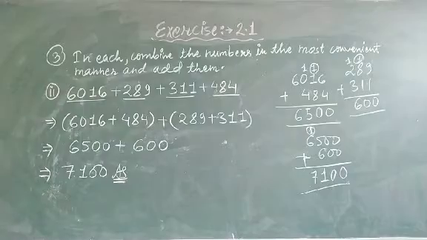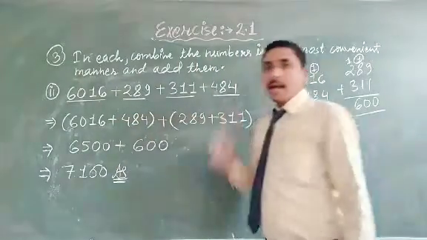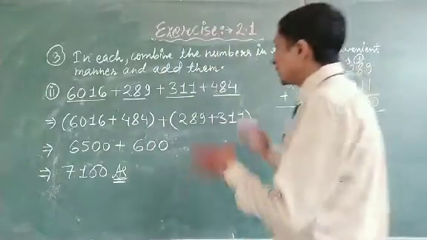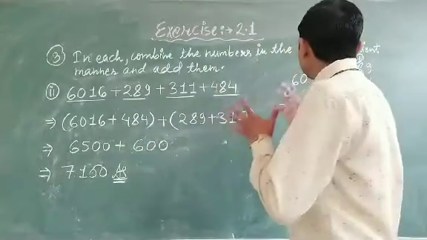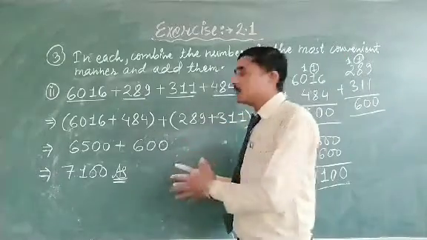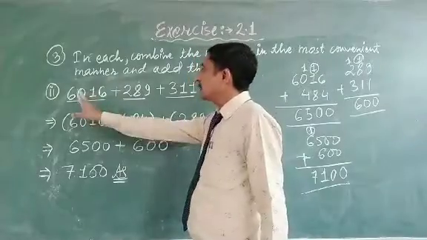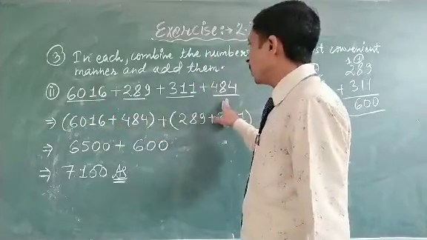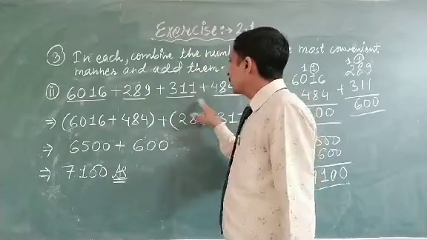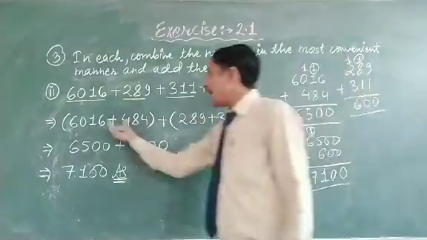So in this way, in this question, 4 whole numbers are given, and what we have to do? We have to combine these numbers in most convenient manner, and we have to add them. The most convenient manner will be by grouping first and fourth whole number in one bracket, and by grouping second and third whole number in one bracket and adding them.